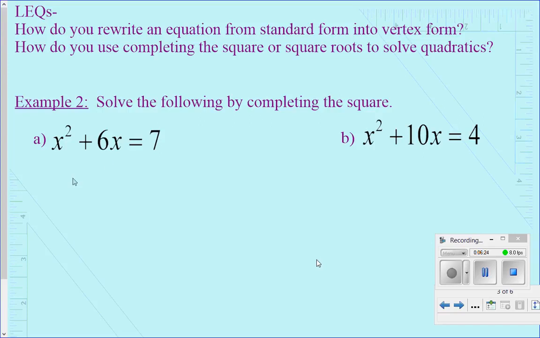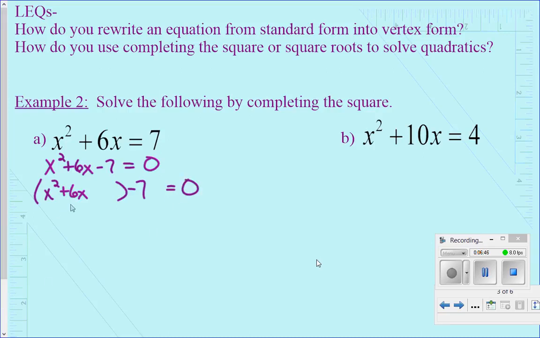I'm going to get the 7 over so that it's in standard form by subtracting. And after I've done that, now I can group, just like we've been doing. I'm going to skip just a little bit of space there.